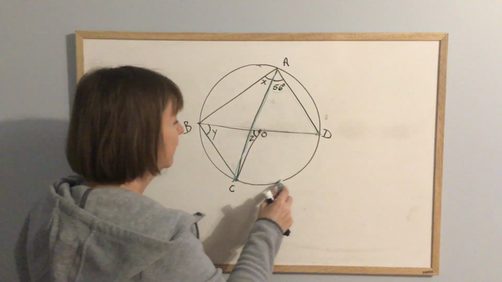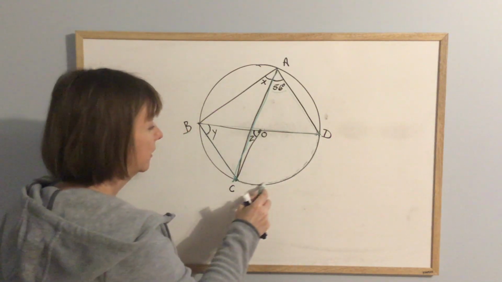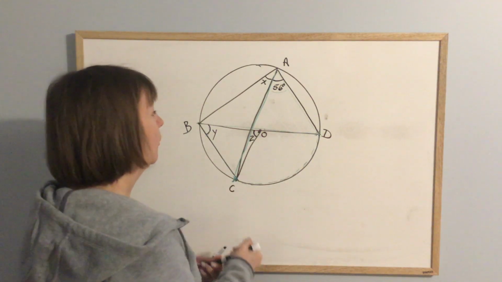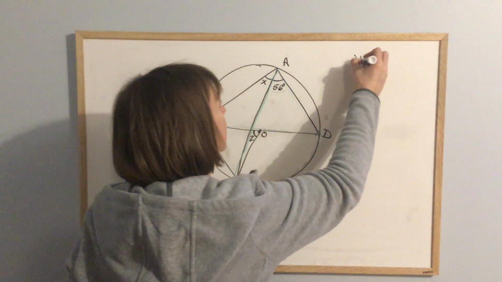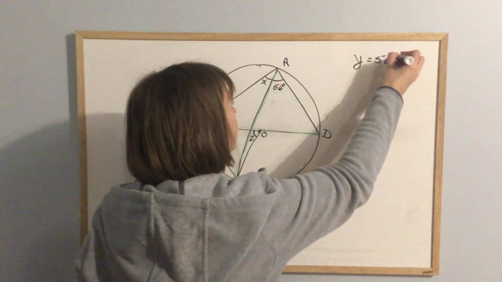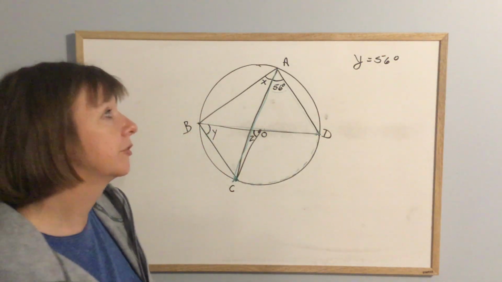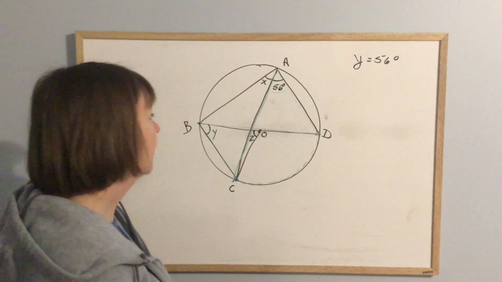They both are subtended, joined by C to D. And so that means that Y is 56 degrees. Now that's the one I saw first. It might not be the one you see first, but it just happens to be the one that I saw first.